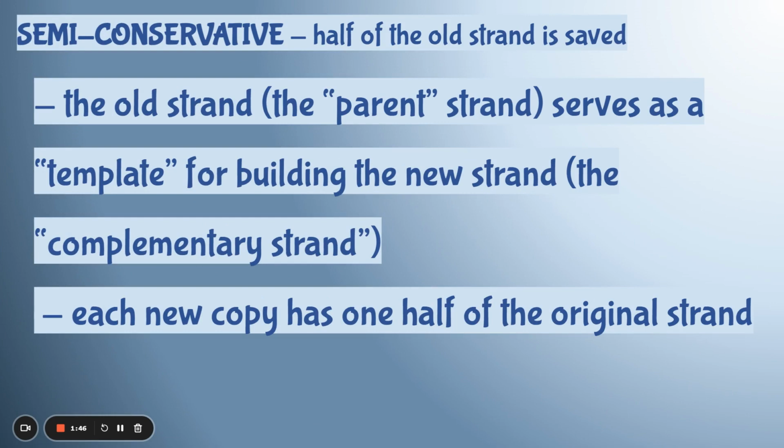What that means is that every time you go to make a new cell and you replicate your DNA first, the DNA is going to split, and the original strand, the old strand, the parent strand, is going to serve as a template to build the new strand, which is called the complementary strand. So each new piece of DNA that you make, each new double helix, is old piece, new piece, old piece, new piece.